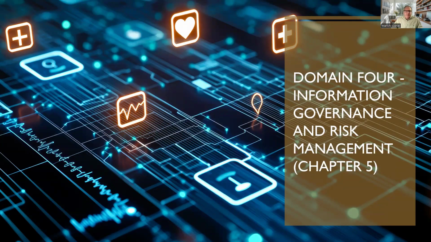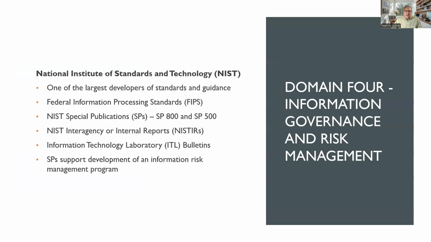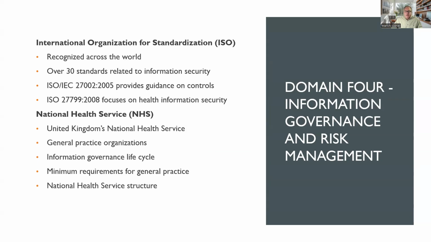All right, moving on to domain 4 here. Information governance and risk management, chapter 5 of the study guide. So here we get introduced to NIST, and we get some general information about NIST and the different publications that NIST puts out. We also get introduced to ISO in more detail here, recognized across the world. So if you're dealing with an international healthcare organization, you're going to need to be familiar with ISO.